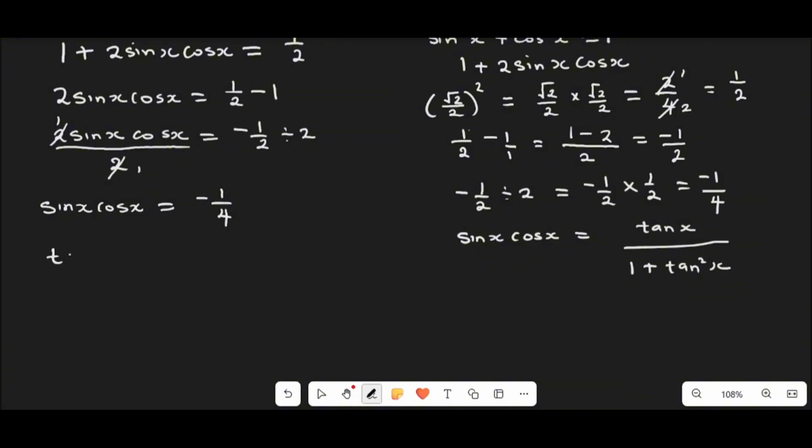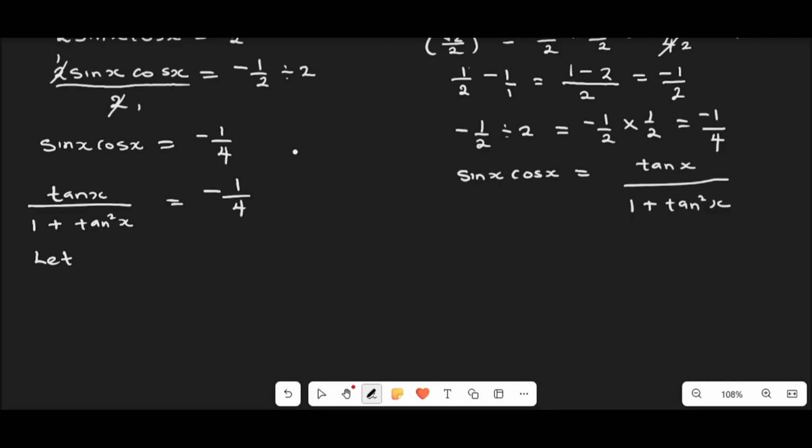So tan x over 1 plus tan square x equal to minus 1 over 4. Let tan x equal to t. So wherever we have tan, let us put t there. The equation will become t over 1 plus t square equal to minus 1 over 4.